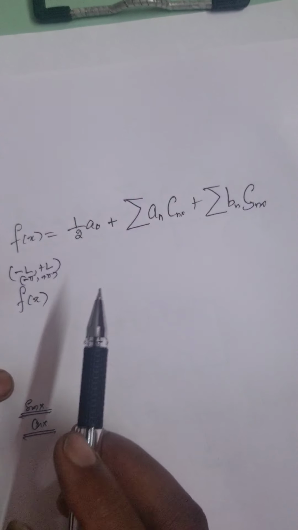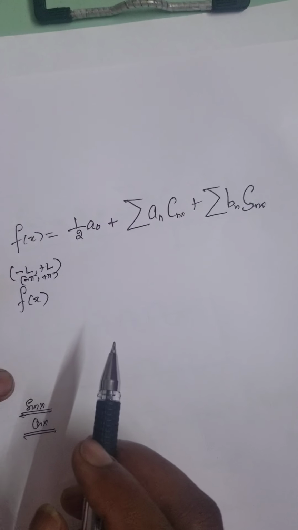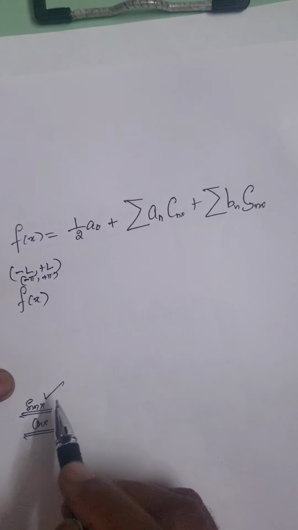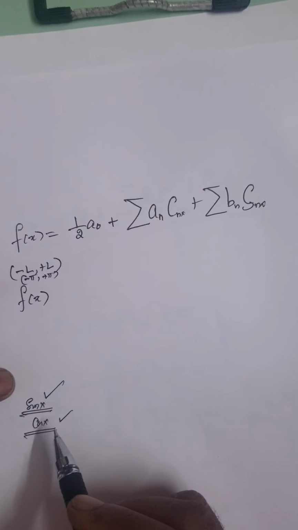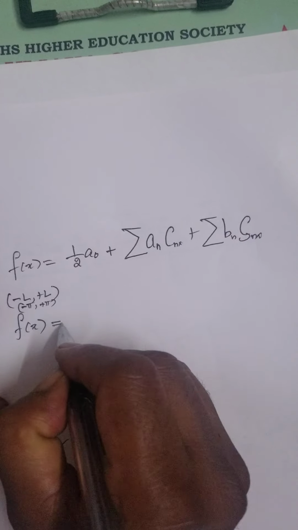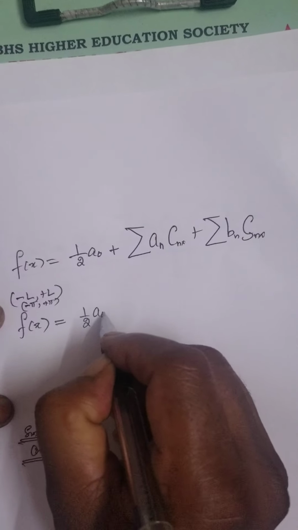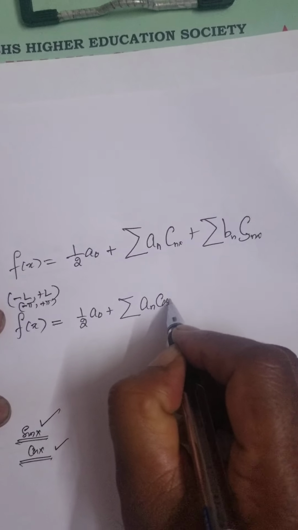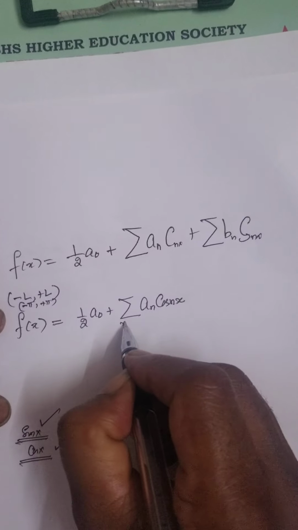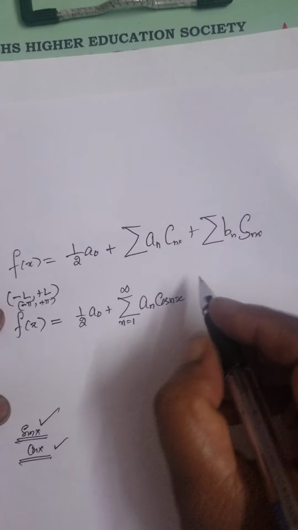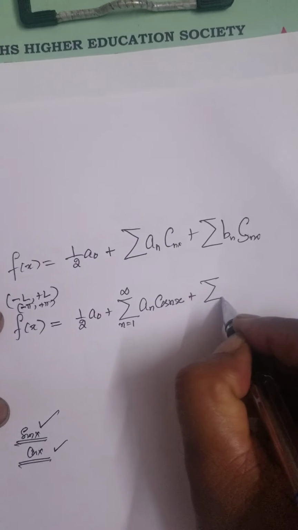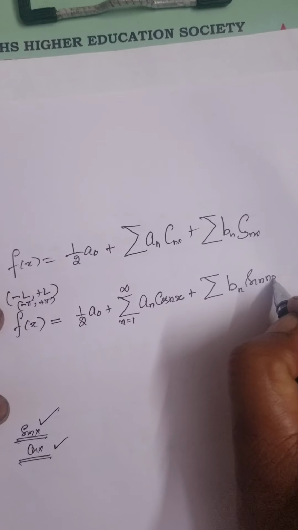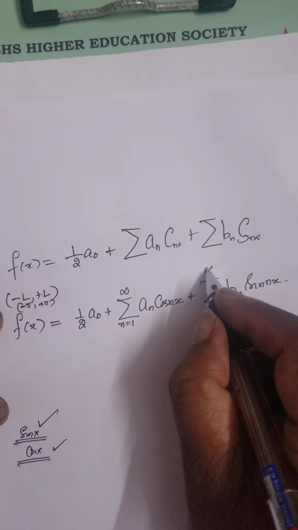The Fourier series is an infinite series representation of a periodic function in terms of trigonometric sine and cosine functions. That is, f(x) is equal to a0 plus sigma an cos nx, where n starts from 1 to infinity, an infinite series, then sigma bn sin nx, n equal to 1 to infinity.